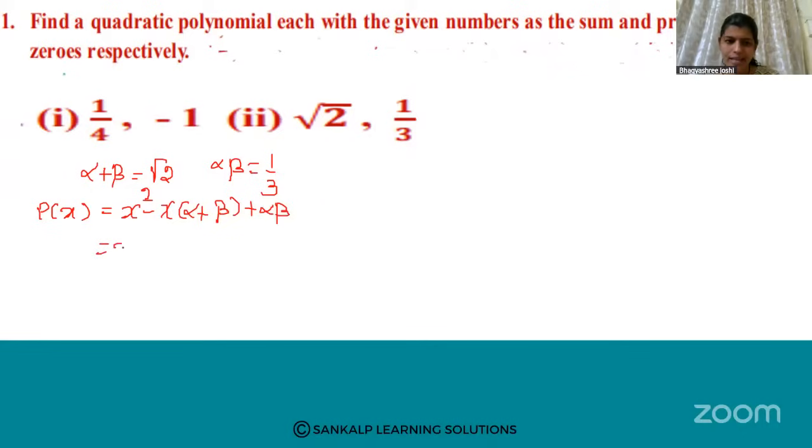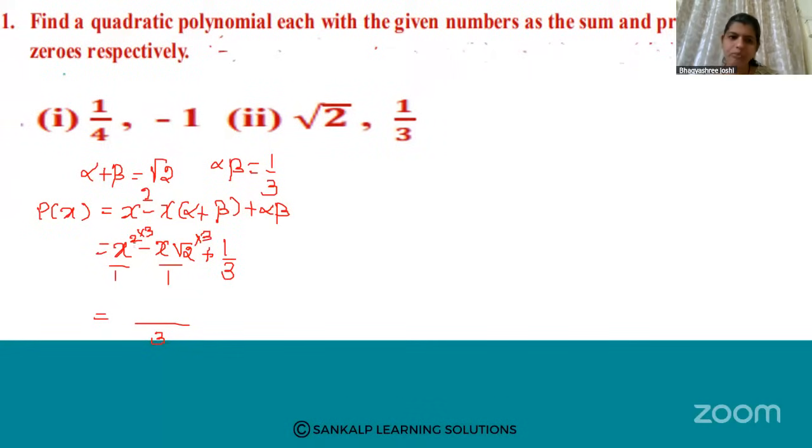Now, x square minus x into alpha plus beta value is root 2 plus alpha into beta value is 1 by 3. Dear children, here also nothing is there means 1. So LCM is 3 here. 3 means here I need to multiply by 3.